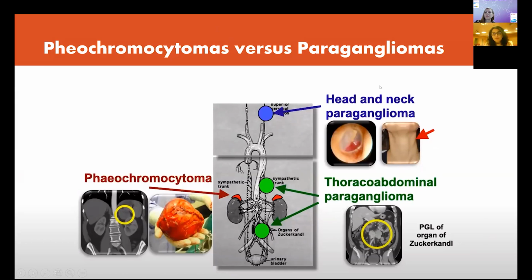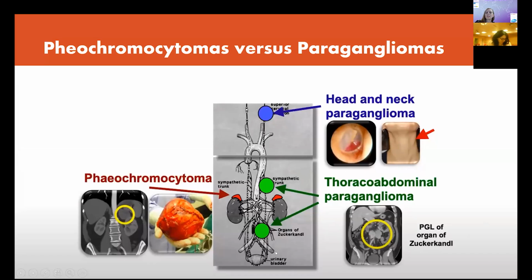Those head and neck paragangliomas are part of the parasympathetic system, and down this nervous tract there is the sympathetic system in the thorax, abdomen, and pelvis. And you see here a CT of a thoracoabdominal paraganglioma. And the biggest ganglia, we call it the organ of Zuckerkandl.